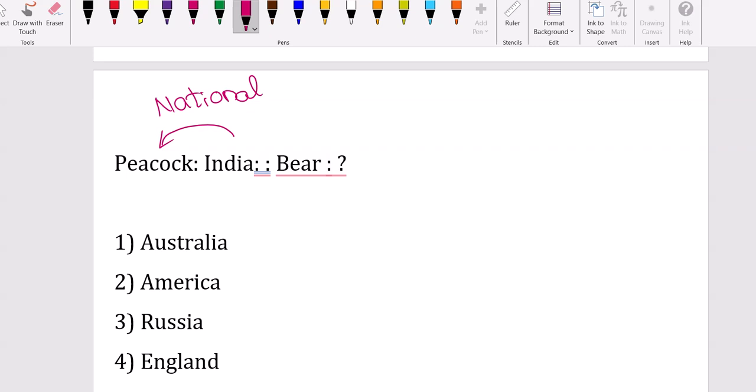We need a bit of general knowledge also here. For which country is the bear the national animal? Yes, Russia, Australia, America, England. America, no. Australia, no. So it's related to Russia. Right, so that's analogy.